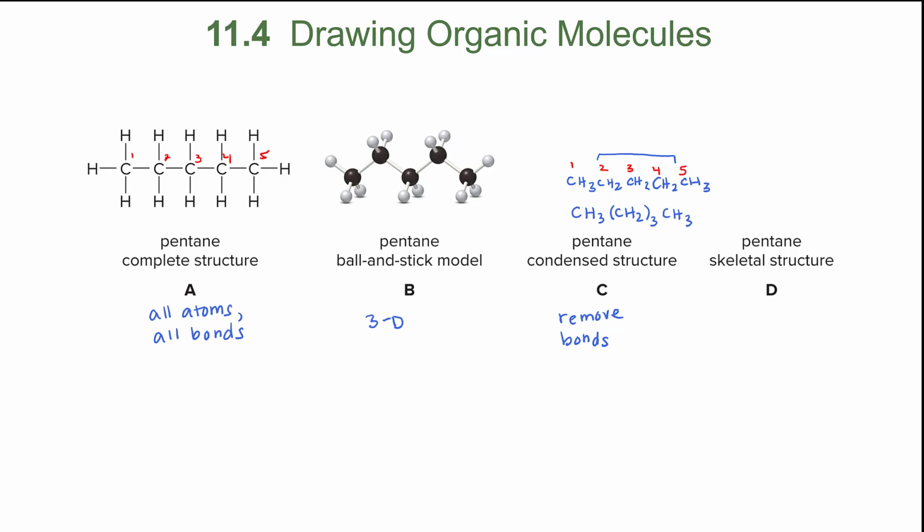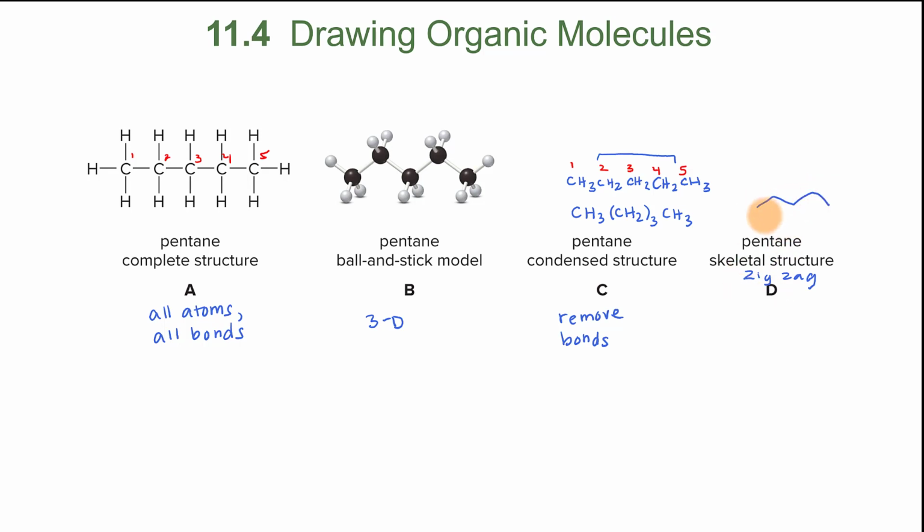The really short way to draw these is the skeletal structure, or the zigzag. That shows the carbons as points, and we don't even draw in the hydrogens, those are implied. So for pentane, which has 5 carbons, I'm going to put my pen tip down and then count to 5. So 1, 2, 3, 4, 5.